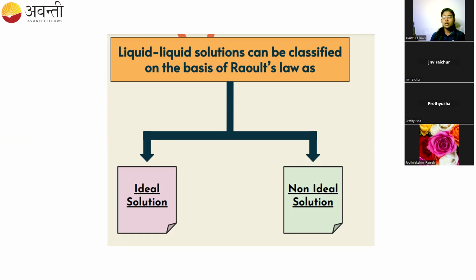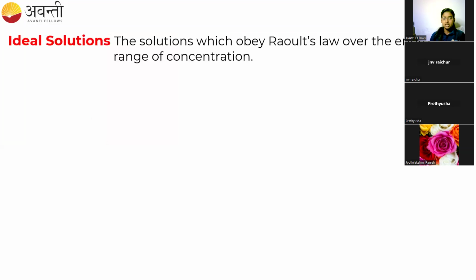Now coming to ideal solutions, what is the definition? The solutions which obey Raoult's law over the entire range of concentration are called ideal solutions. So all solutions that obey the Raoult's law formula under all concentrations, the entire range of concentration, are called ideal solutions.